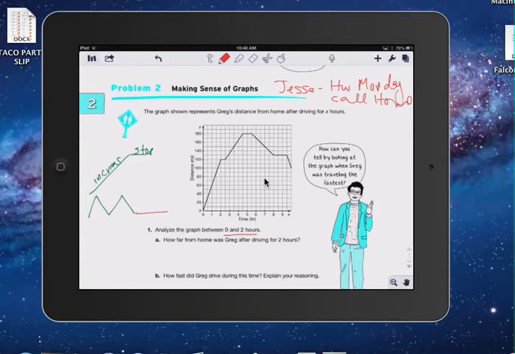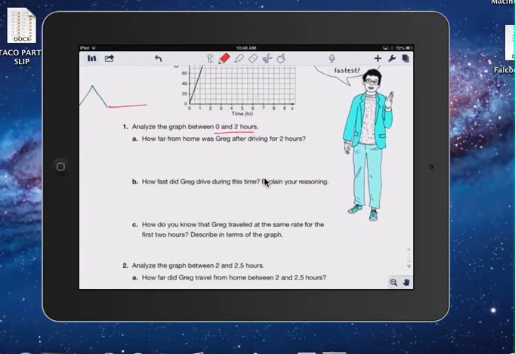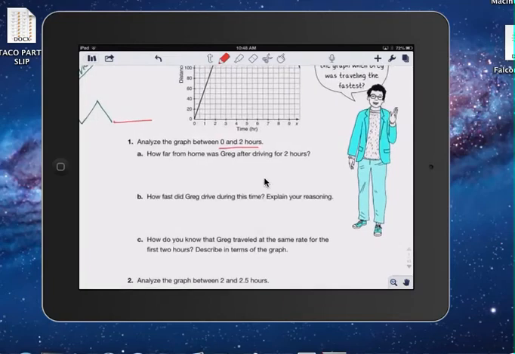No, you need to do C. Okay, let's do number 1 and 2, I mean A and B. Most of you going around, how far from home was Greg after driving 2 hours?